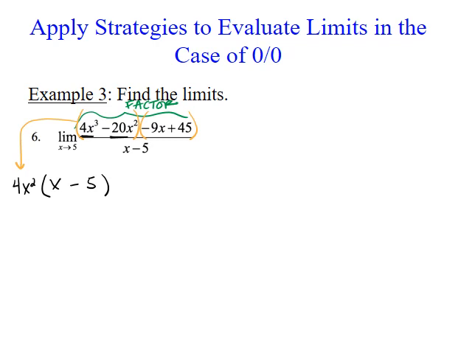I'm going to do the same thing with the next factor. Looking at these 2 terms, I'm going to factor out a negative 9. And then I'm left with x minus 5, because a negative times a negative is positive. Now remember, when you factor by grouping, these 2 factors need to be the same.